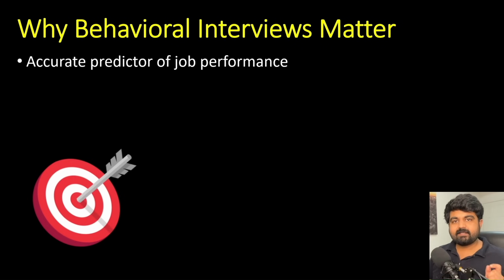Hiring any single candidate is a very expensive and very resource intensive task for companies, because number one, they will have to post the jobs, they will have to go through maybe 100 resumes, then they would have to interview at least 15 to 20 candidates, and the interviewers tend to be senior level folks, which means the higher and senior level folks are not doing their job, but rather they are spending their working hours interviewing various different candidates.